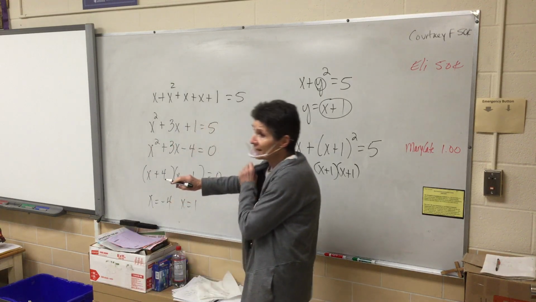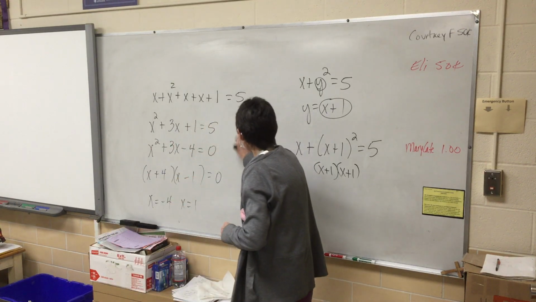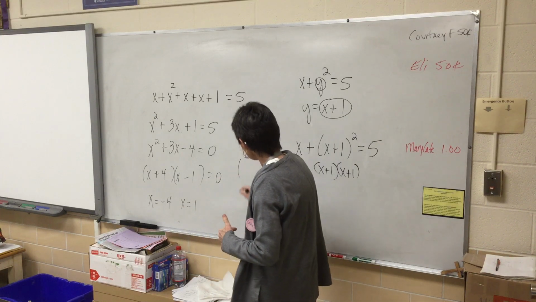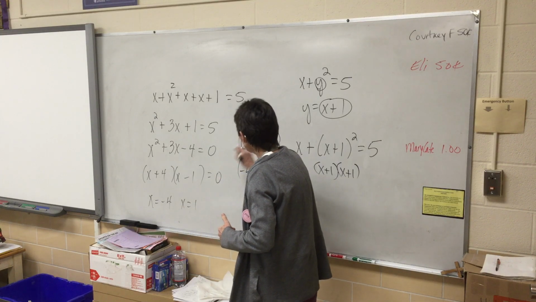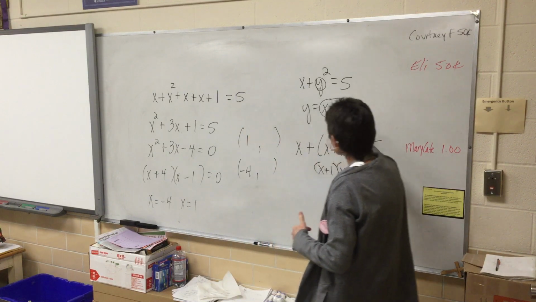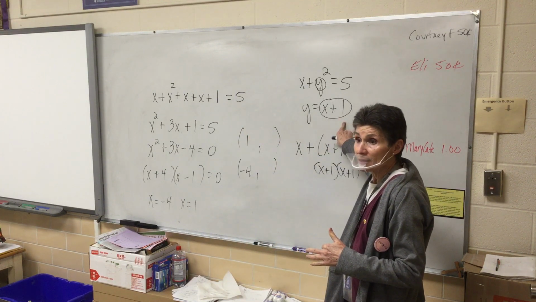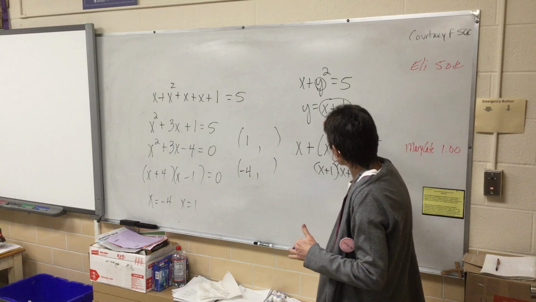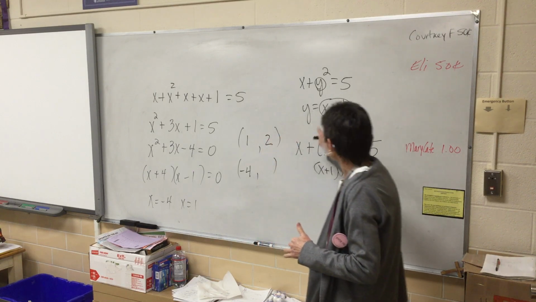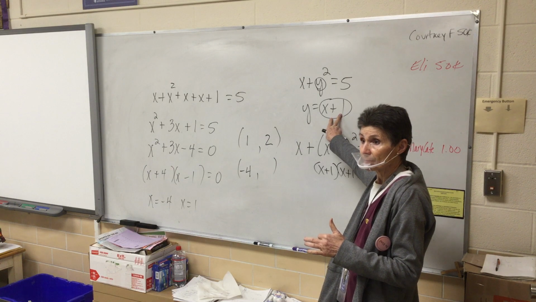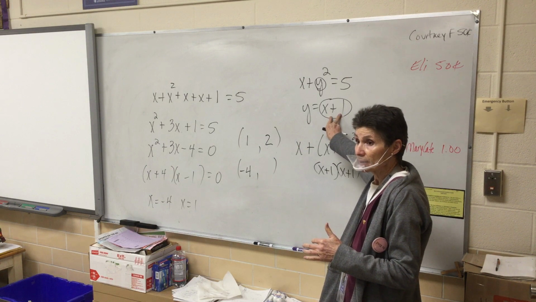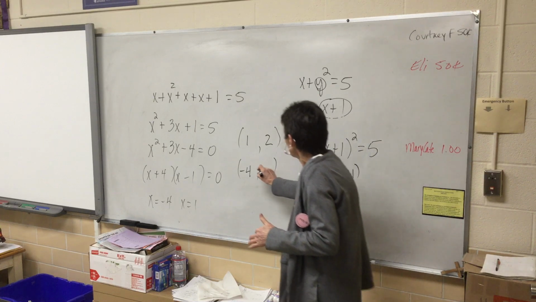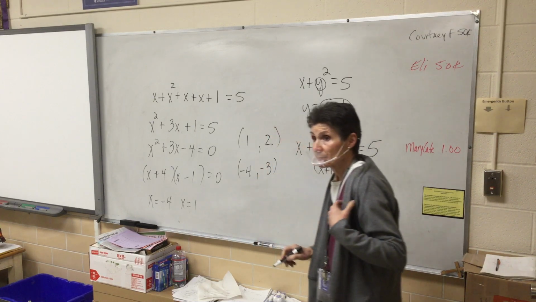Now you're not done though. Just like before, well, this time you're gonna have two ordered pairs. The x's are -4 and 1, but you still need to figure out the y's. So if x is 1, it looks like y will be 2, right? And if x is -4, y would be -3.